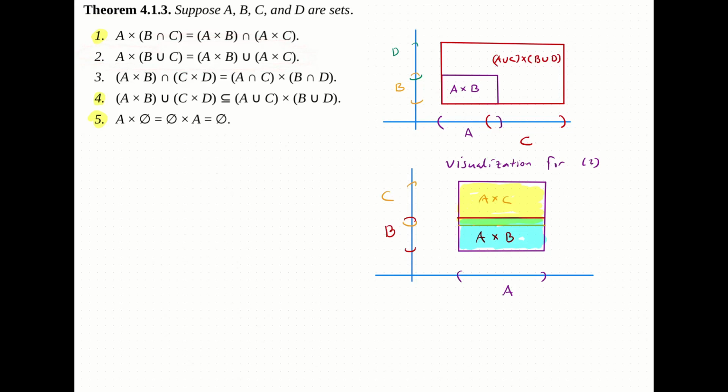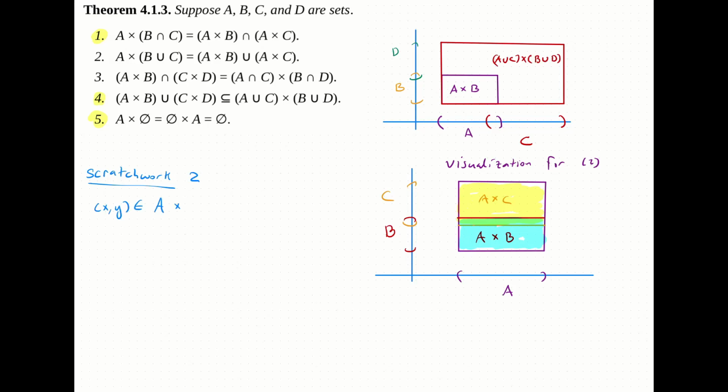Now to sketch the argument for the proof, we're going to choose an x comma y, and so this is for 2.